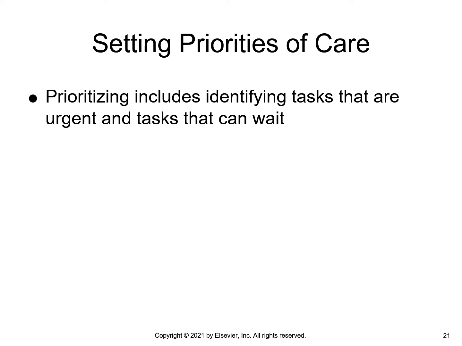Once you receive an assignment on your unit, you need to make sure you look at your patient's chart so that you get all of the information that you have. And if you do not understand or know what the action is of the medications that you're going to give your patient, you need to make sure that you look up the drug information, especially in case there would be any reactions to that medication.